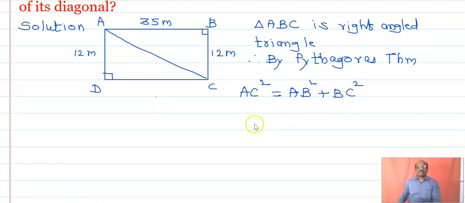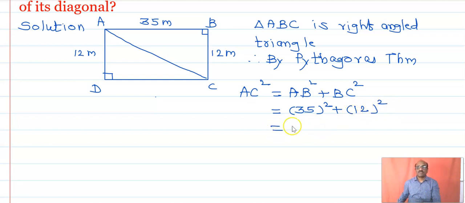Now AB is 35, in brackets square, plus 12 square.